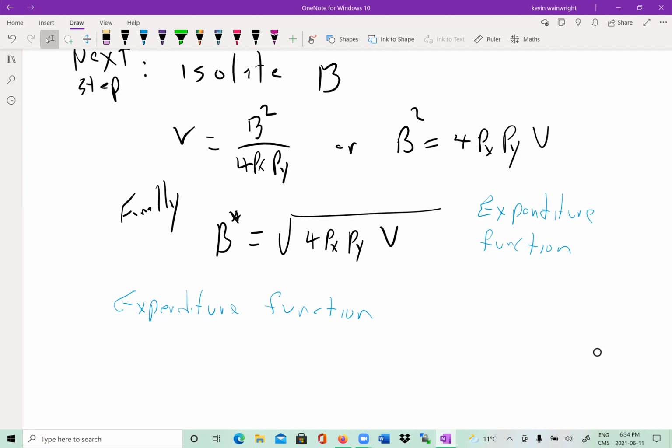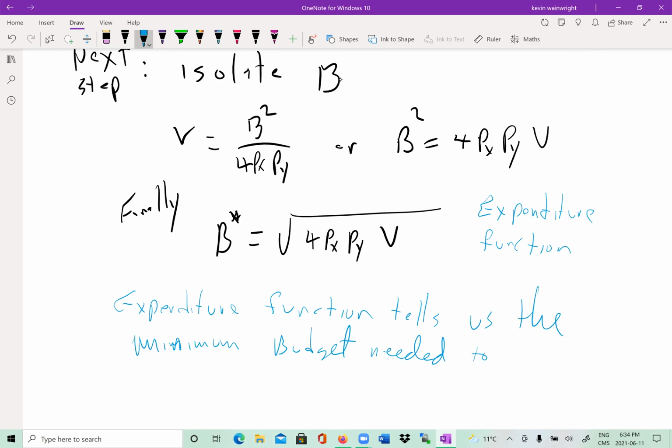The expenditure function tells us the minimum budget needed to achieve a specific utility.